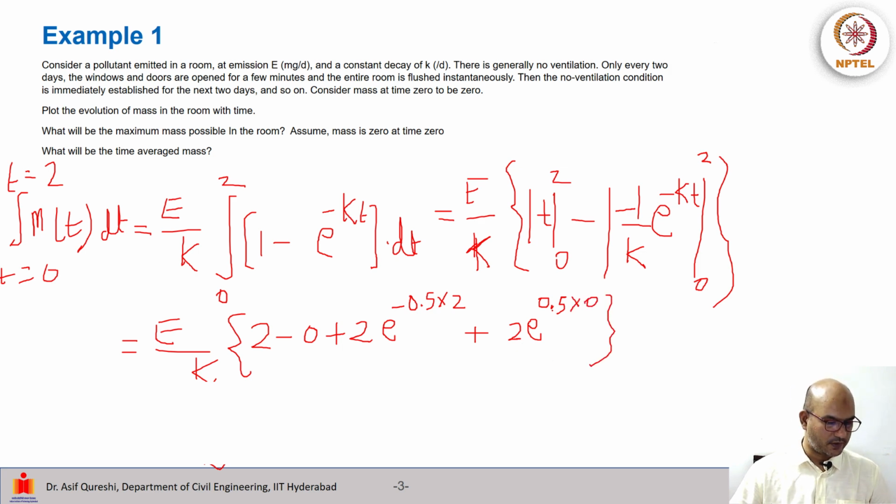So e to the power 0 becomes 1, and this is 2 divided by e and plus 2.